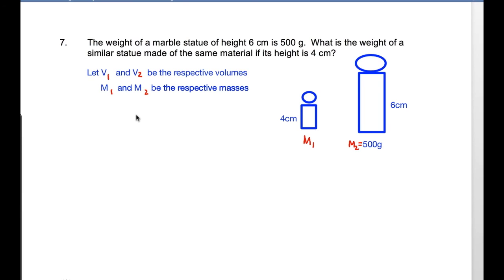In this sum, we are given two similar statues, and we are given that one statue is 4 cm while the other is 6 cm. We have to find the mass of the smaller statue. To do that, we must first find the ratio of volumes. The ratio of volumes is found by the ratio of corresponding heights cubed.